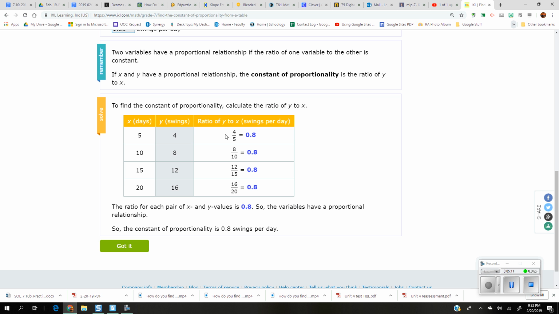So here it's showing 4/5, the ratio of y to x. So y is 4, and then you just divide. I did 5 divided by 4, and it should have been 4 divided by 5. My bad. So just remember, you divide y divided by x to get your answer. Okay? I got it. Did you get it?